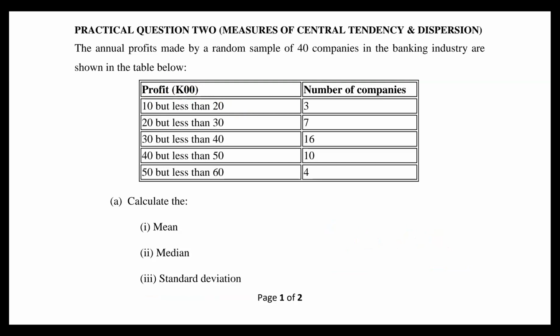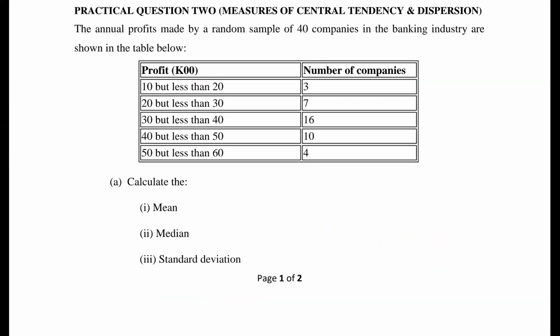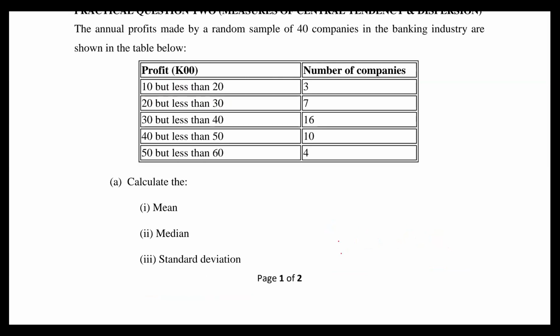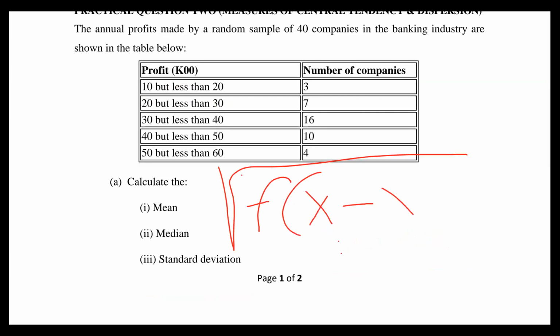All right. About the standard deviation, just endure a bit. I know you are tired of this long lecture. For grouped data, you find frequency times X minus X bar, then you square that, and you divide by the summation of the frequency.